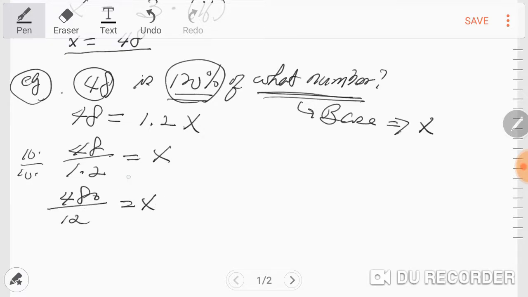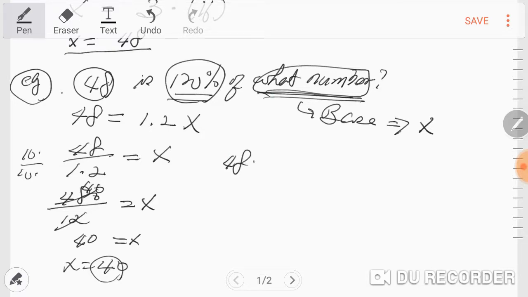Then reduce. 480 divided by 12 is 40. So x equals 40. So x is the base, which is this number. So actually 48 is equal to 120% of 40.